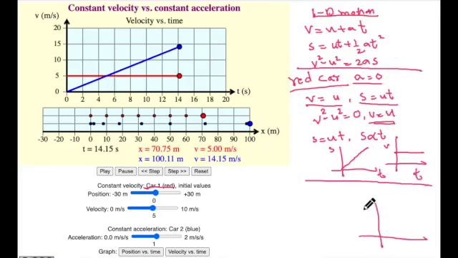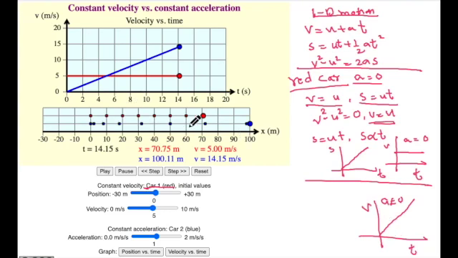If there is an acceleration, the velocity versus time graph will be a straight line passing through the origin. So this is V versus t for a not equal to 0, and this is for a equal to 0, which means acceleration is equal to 0. So this is the velocity versus time graph.